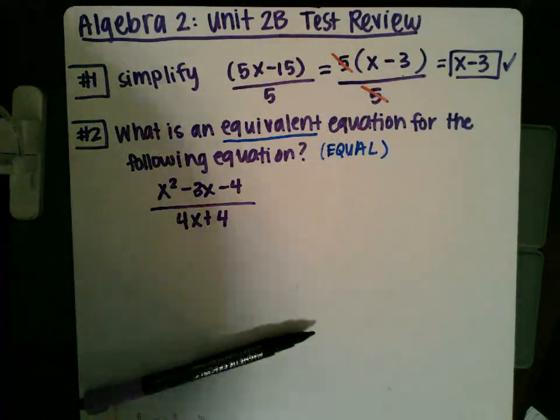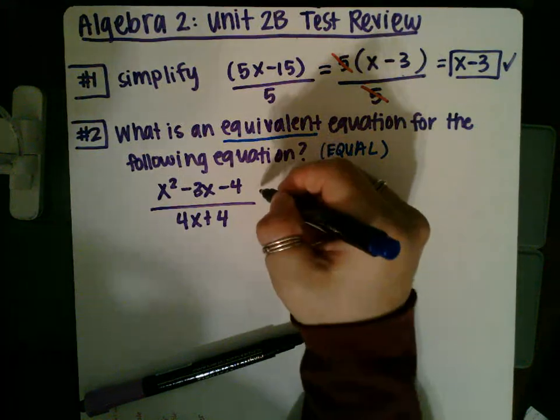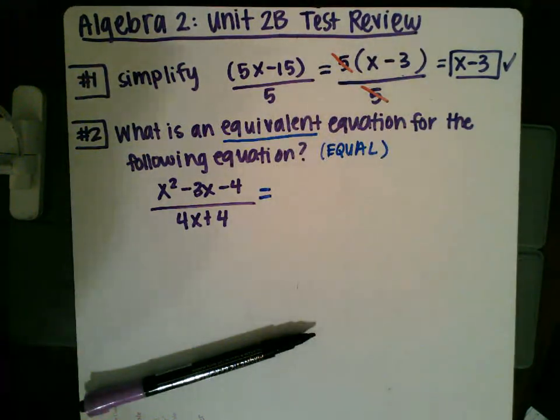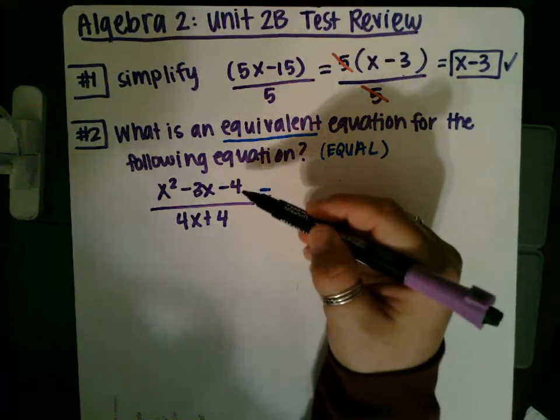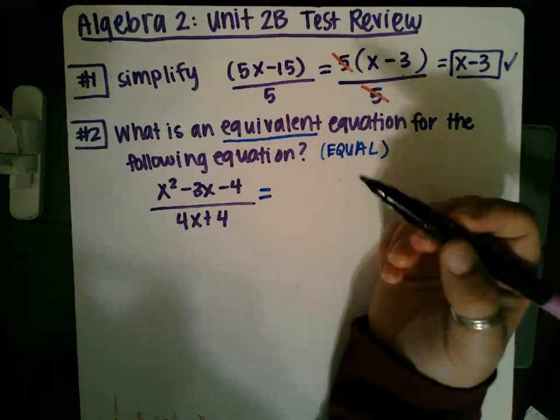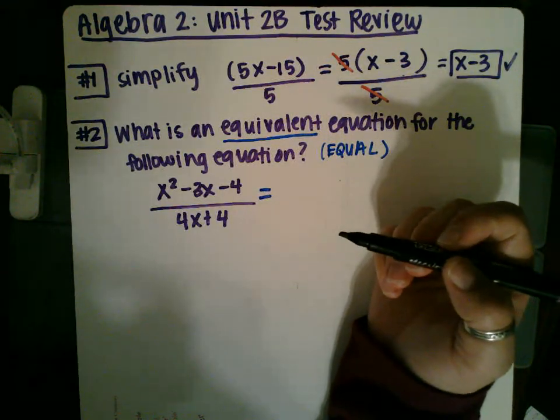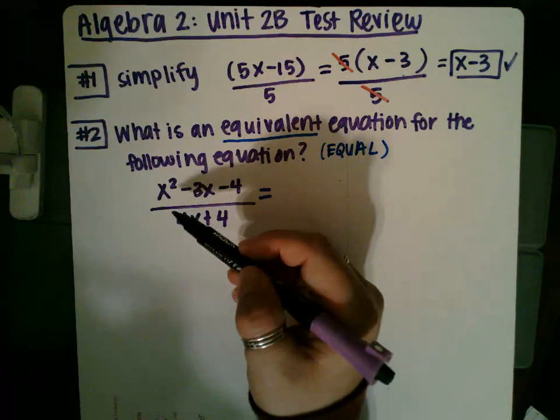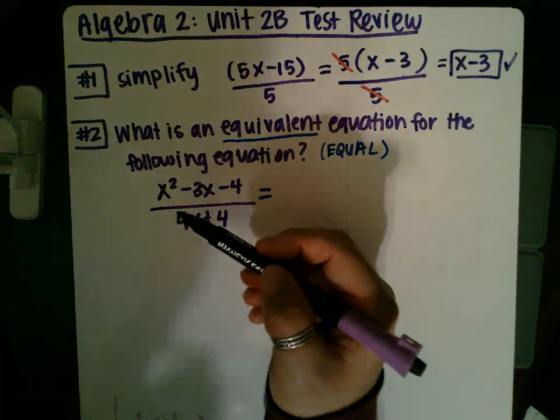So an equivalent statement, something that is exactly the same as the other, is maybe factoring the numerator and factoring the denominator. Let's just focus on the numerator.